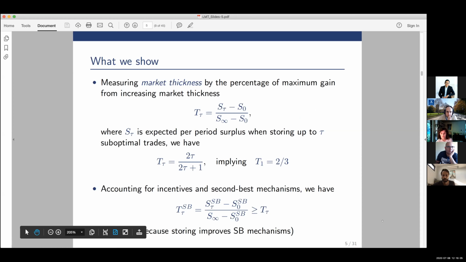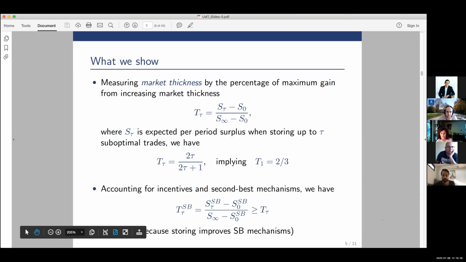There's a connection to coarse matching, in particular McAfee's 2002 Econometrica paper that also has a unit free measure of minimal gains that you get from simple mechanisms. Obviously related to bilateral trade and the Coase theorem and the recent upsurge of interest in the dynamic matching literature.